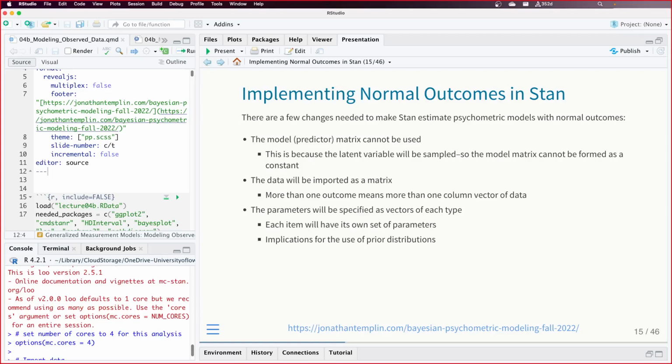I'll give you a hint. X in our model is theta. We didn't observe X, which means every iteration, X will be changing. Maybe not for everybody, but it will be. So if X changes every iteration, we would have had to create a brand new model matrix in every iteration.